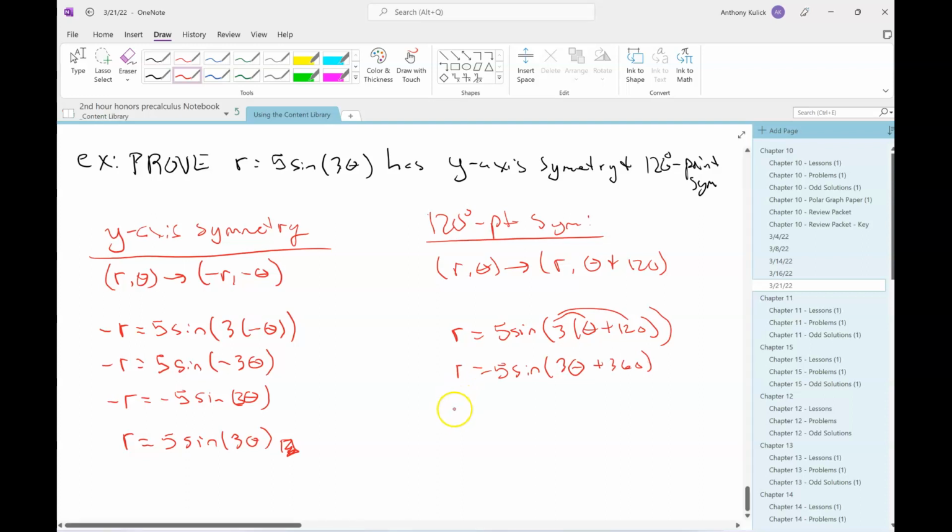Then I notice that I have a sine of a sum. Do you guys remember the identity for the sum of angles? The sine of a sum? No?